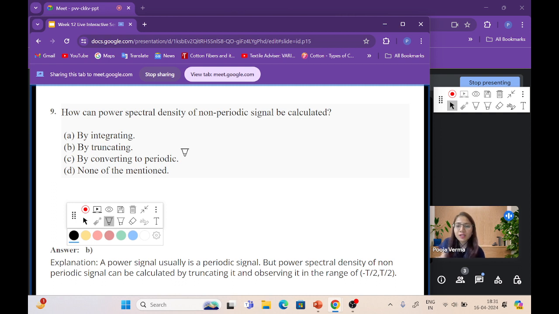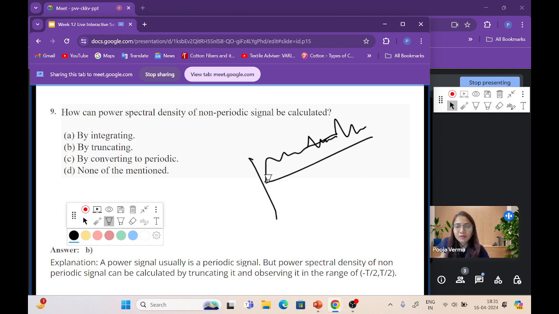So what is a non-periodic signal? A non-periodic signal does not repeat itself at a particular time. So let's see, this is a non-periodic signal, something like this.